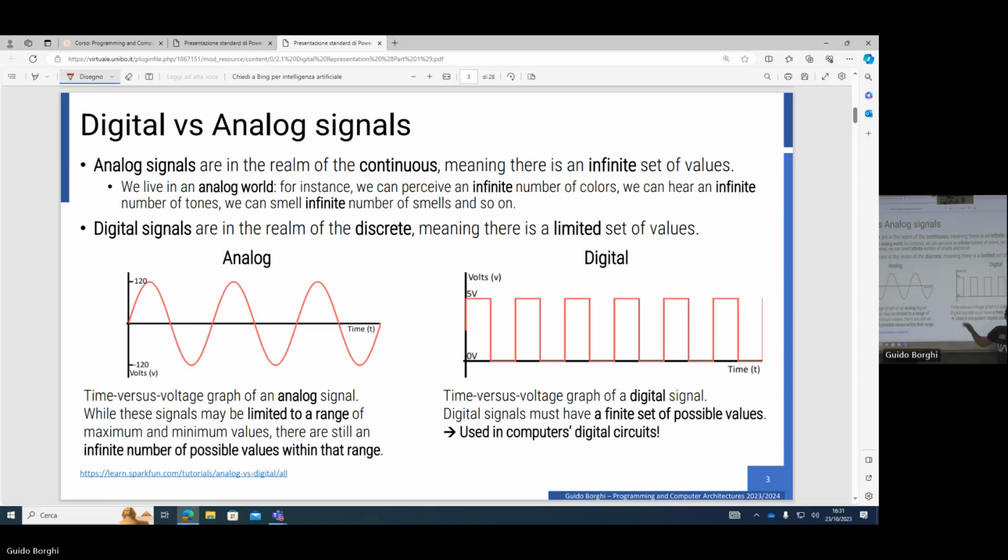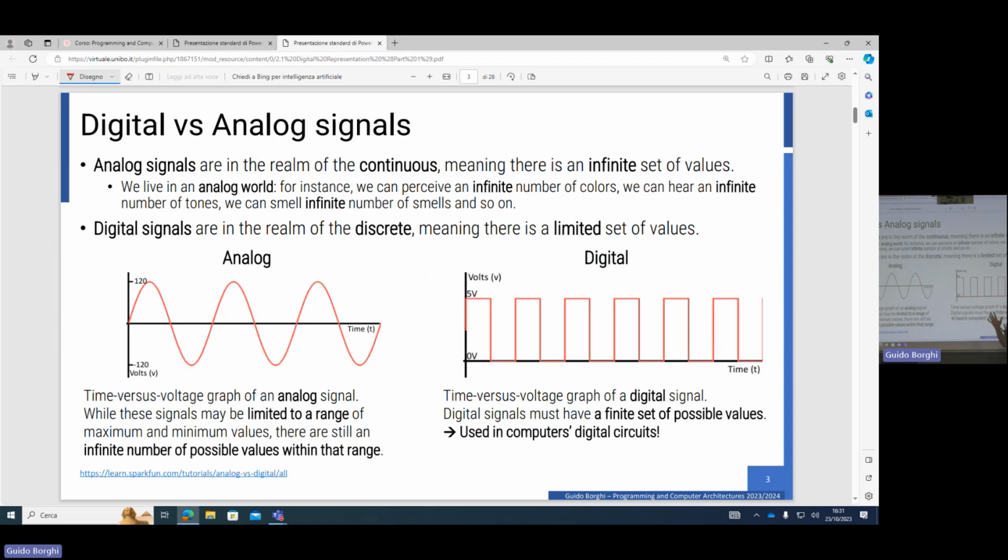While in the digital world, we have the same graph, okay? Time versus voltage. Also in this case, we have a specific range, from 0 to 5. It's a different range, but it's the same thing.